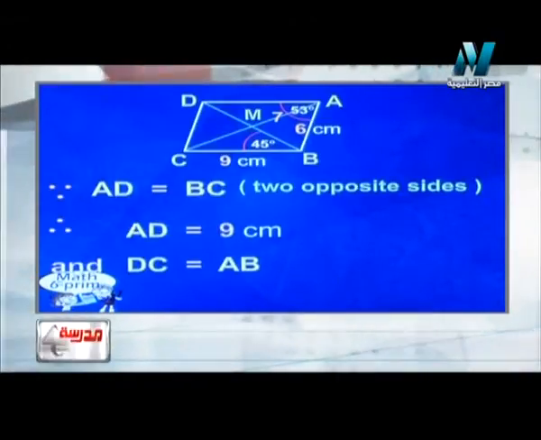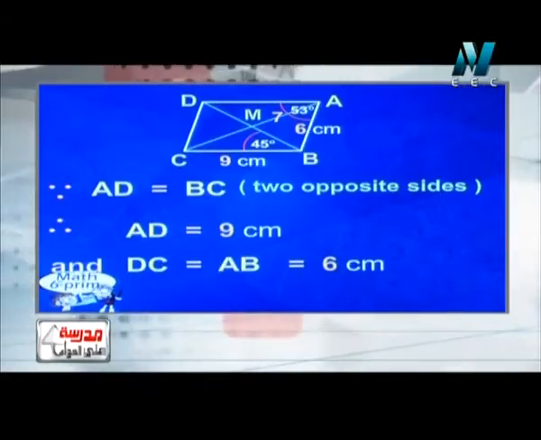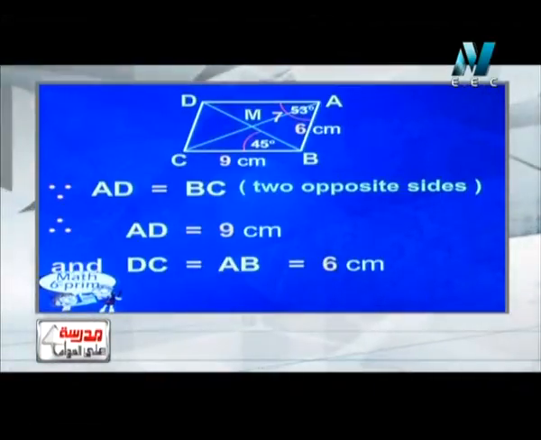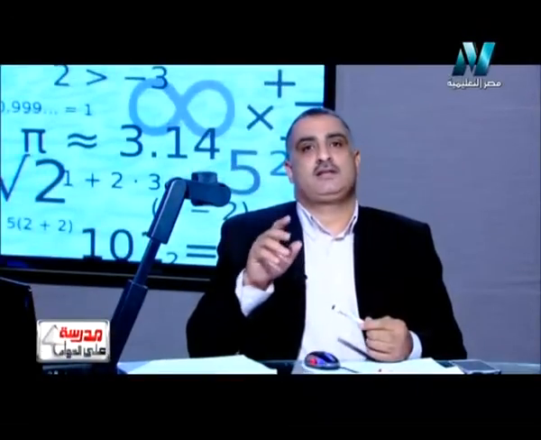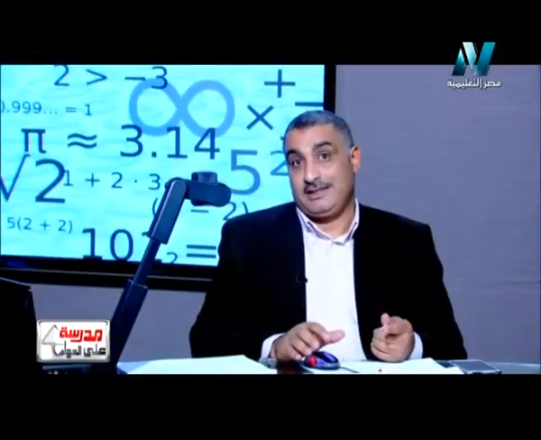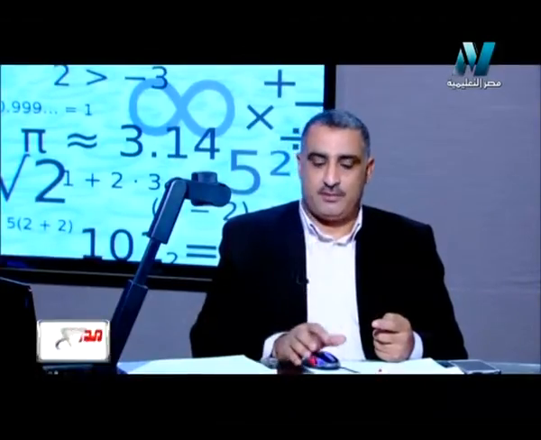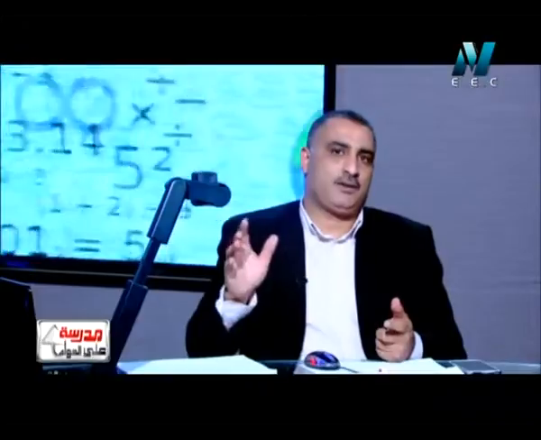It's so easy, my dear students. We can apply directly the properties of a parallelogram. Each two opposite sides are equal in length. Each two opposite angles are equal in measure. The sum of any two consecutive angles equals 180 degrees. And finally, the diagonals bisect each other. You have to understand them very well and just apply the properties.